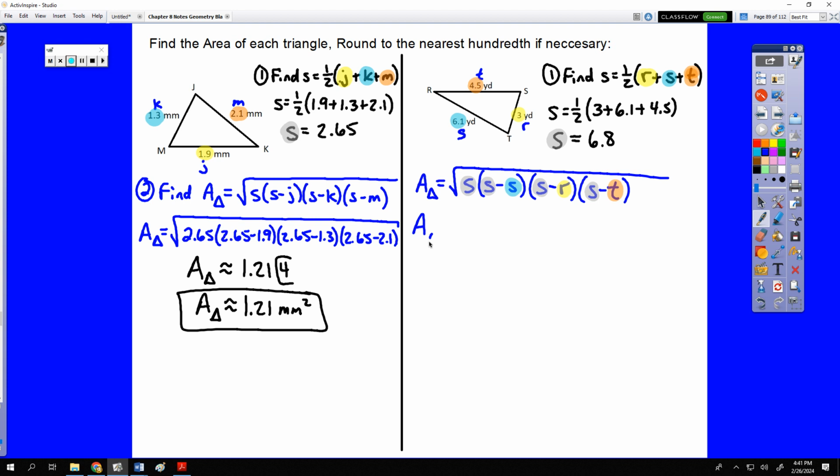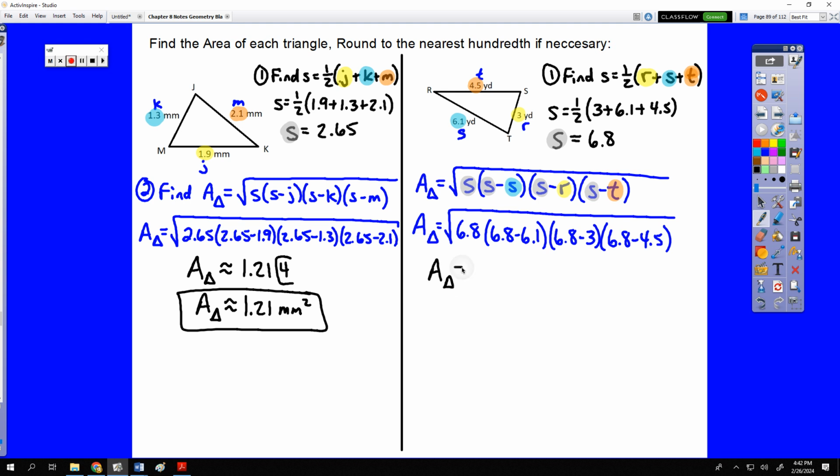So the area of the triangle is the square root of 6.8 times 6.8 minus 6.1 times 6.8 minus 3 times 6.8 minus 4.5. And it doesn't matter which order you put r, s, and t, the side lengths, into Heron's formula, as long as you use each one exactly 1 time.